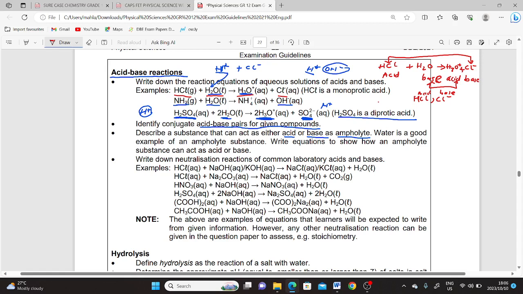Now they also said describe a substance that can act as that one, the ampholyte. Now, okay, it's fine. We had our H2O accepting a hydrogen ion here. But let's look at this reaction number 2.